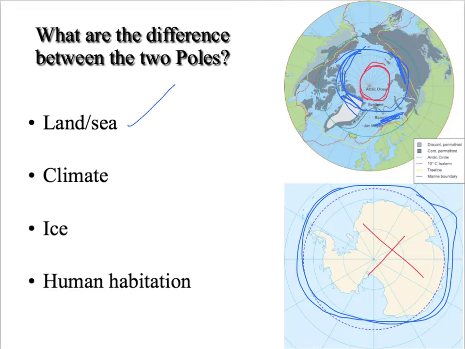Secondly, the climate. The climate in Antarctica is much colder, harsher, and there are larger volumes of ice on the land. We'll look at that later. It's known as the Antarctic ice sheet. So the climate in the southern hemisphere in Antarctica is much harsher. It's colder, stronger winds, etc. Thirdly, the ice.